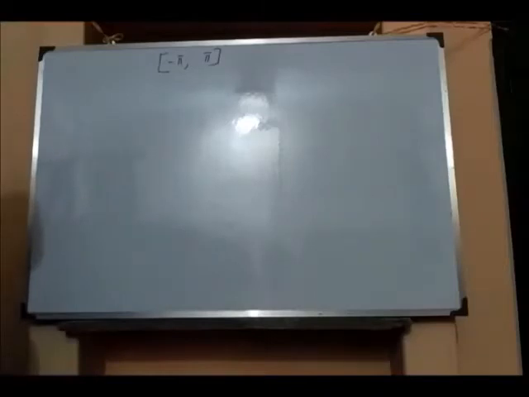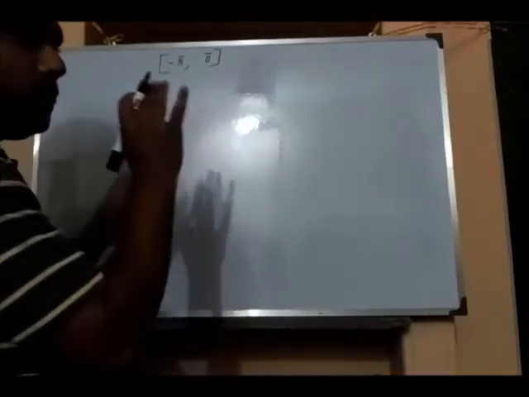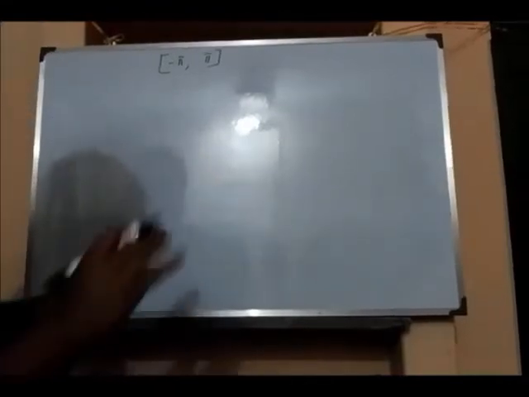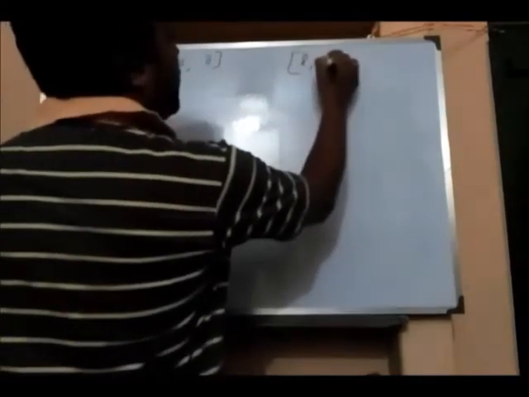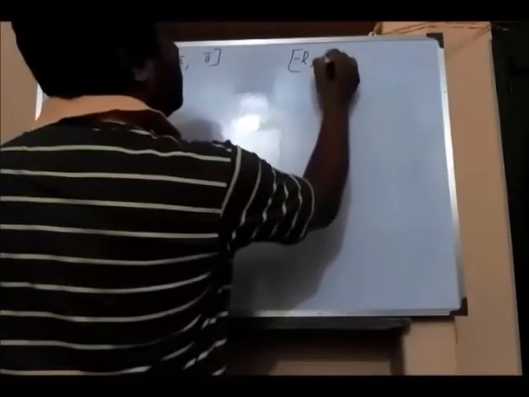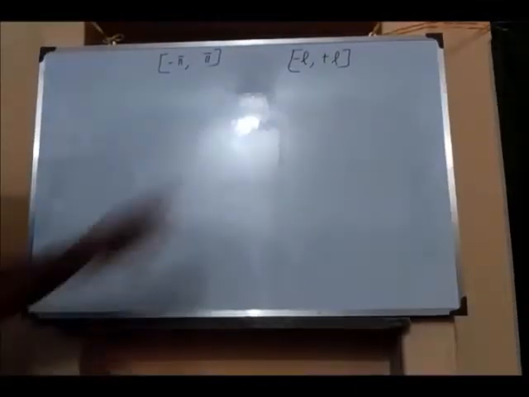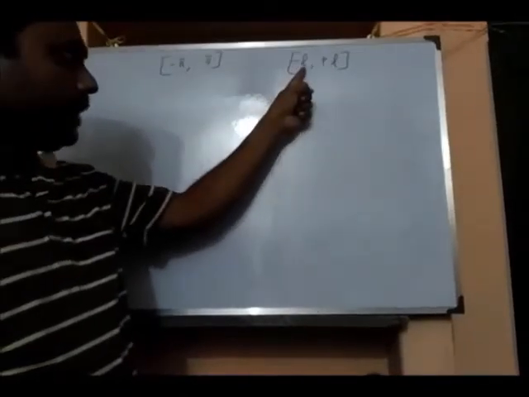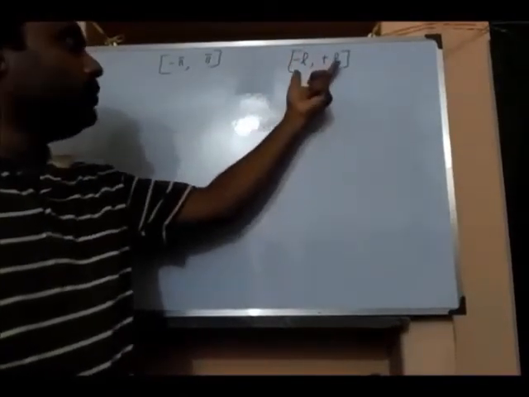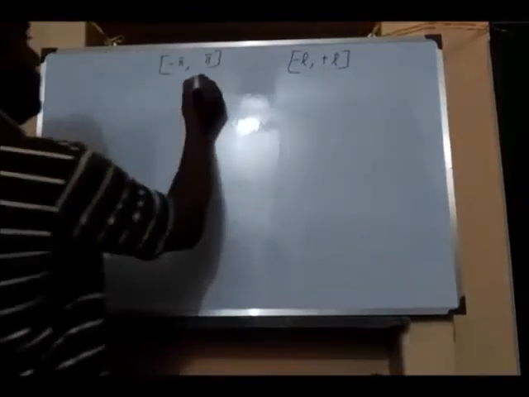So now assume that the function is a well defined function, and it is bounded in some other region, between minus L to plus L. Okay, this function is not minus pi to plus pi, but it becomes minus L to plus L. This is the bound region of the function f(x).